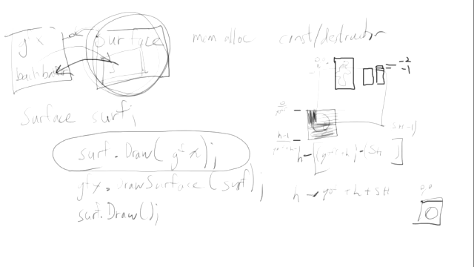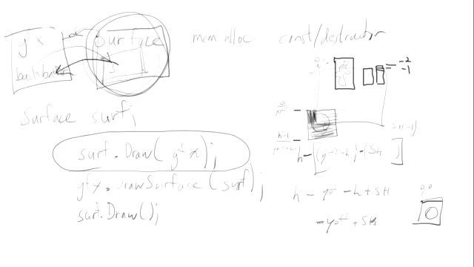Wait, subtract minus y offset. Subtracting a positive, subtracting height from here. Alright, so we've got height minus height. So our end should be y offset plus screen height.